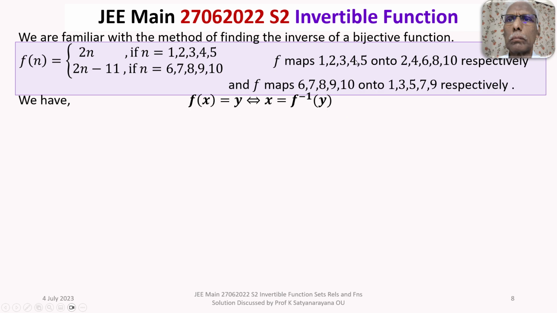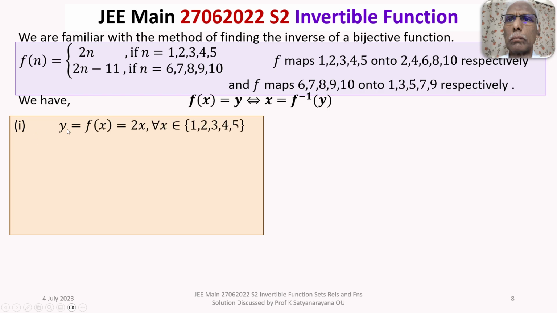Now take the first case. First case means {1, 2, 3, 4, 5} onto {2, 4, 6, 8, 10}. So y is equal to f of x is equal to 2x, when x belongs to the set {1, 2, 3, 4, 5}. Then y will belong to {2, 4, 6, 8, 10}.